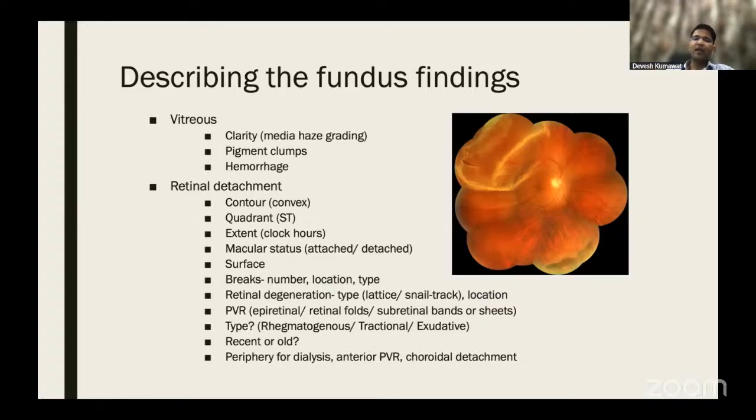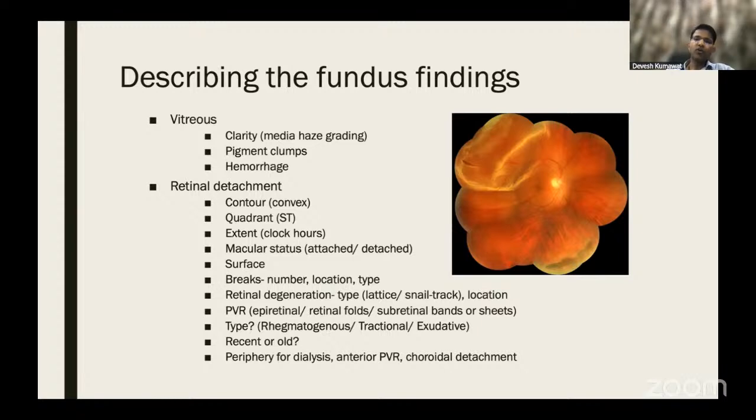Then you have to tell the extent of retinal detachment, extending from which clock hour to which clock hour in case of subtotal or near total detachment, such as in this case, you can describe that it is extending from 8:30 clock hours to 12 o'clock in the right eye. So when you describe the clock hour, then you have to also describe the posterior extent.